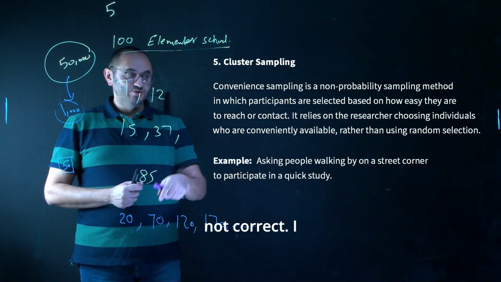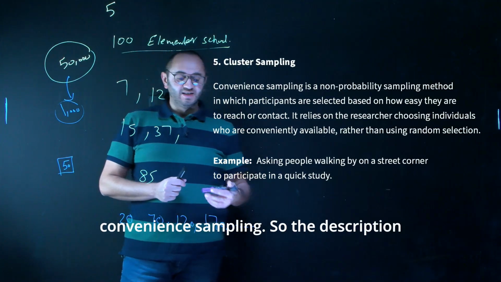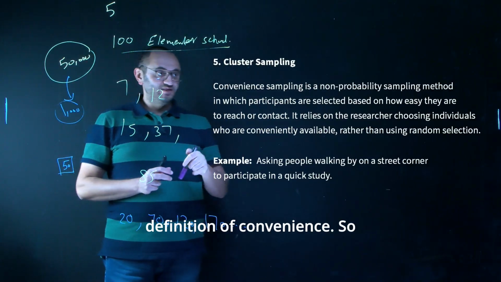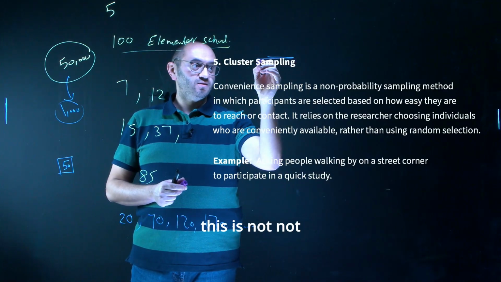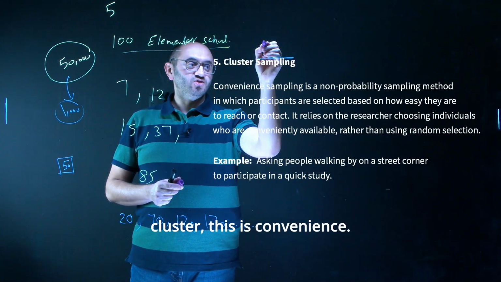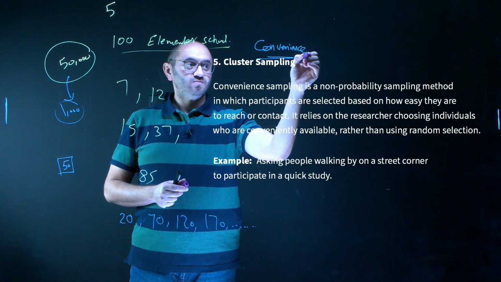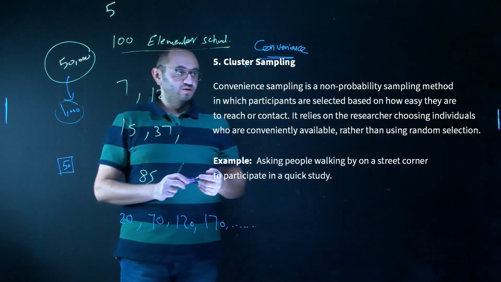The title is not correct. I apologize for that. It's called convenience sampling. So the description or the definition is the definition of convenience. This is not cluster, this is convenience. All right, so it's the convenience sampling.